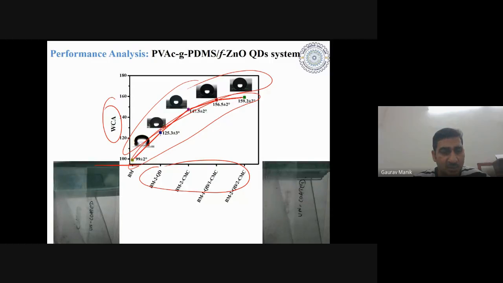Most interestingly, I would like to show you the optimized coating formulations that we have made. Using these molecular simulation techniques, we have made the final coating formulations.